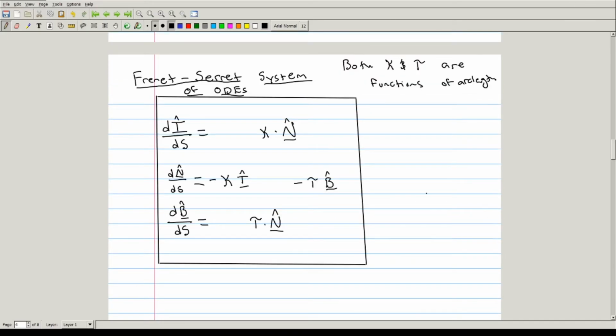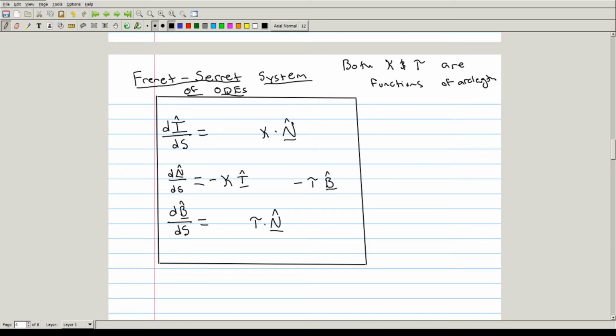or ordinary differential equations. And this is remarkable because this is a system of ordinary differential equations that essentially govern any parametric curve in 3D. If you have the curvature function of the curve and the torsion function of the curve, then this curve obeys this system of ordinary differential equations.